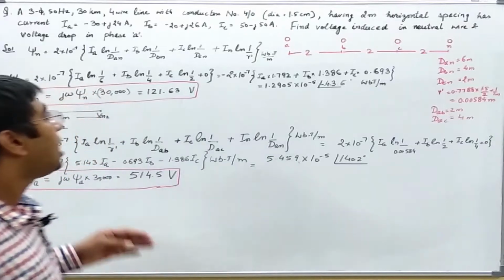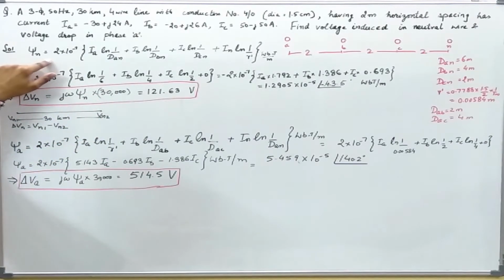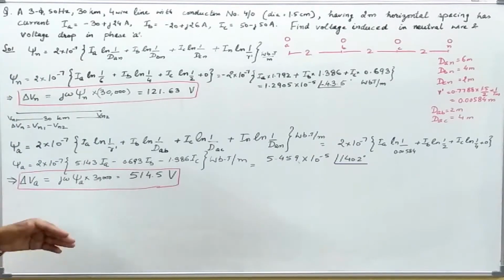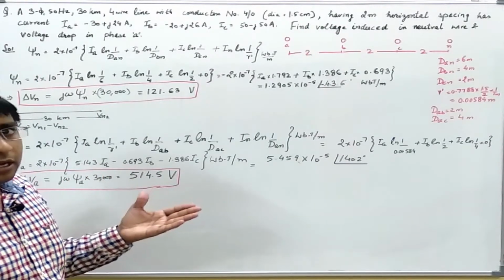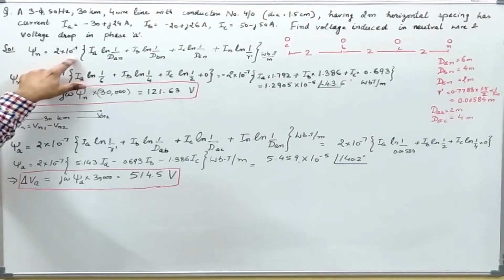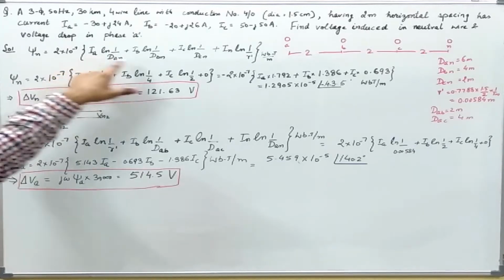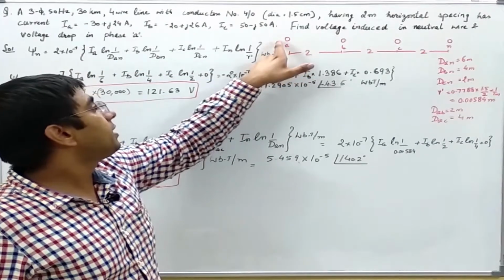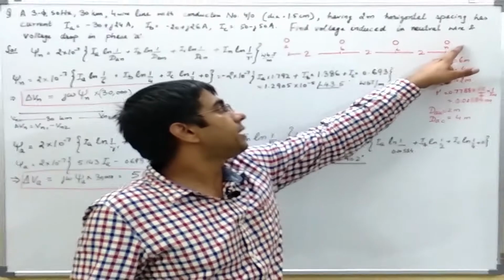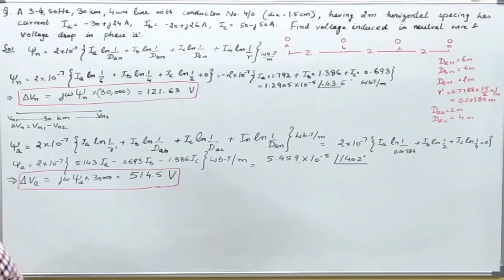Now let's see how to calculate the flux linkage of the neutral wire. The formula is very simple. It is 2 into 10 to the power minus 7, Ia natural log 1 by the distance between conductor A and conductor N, that is DAN, which is just 6 meter.